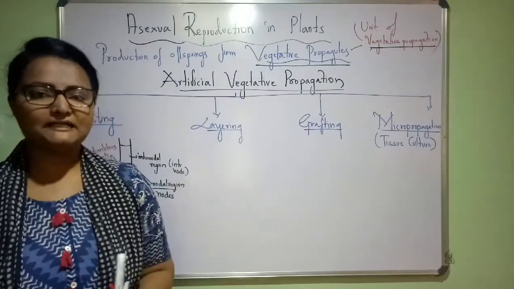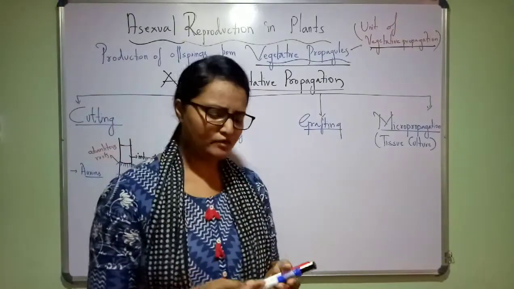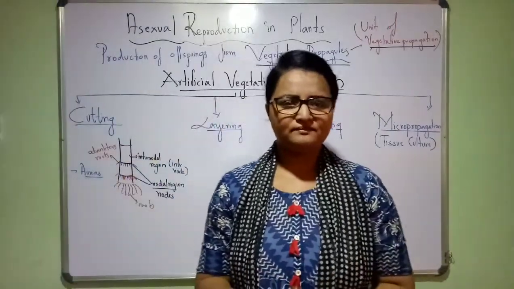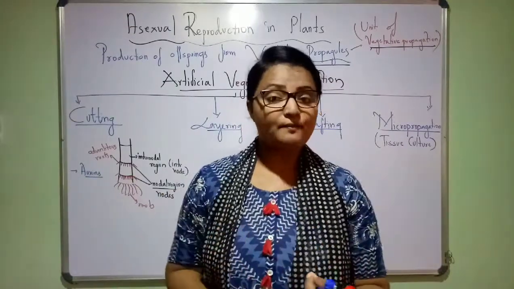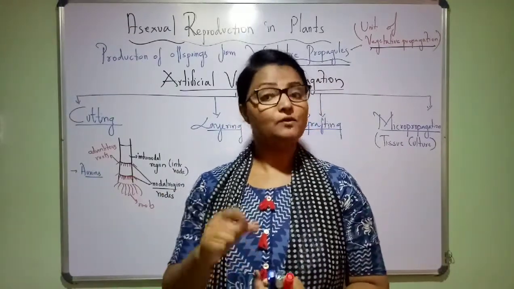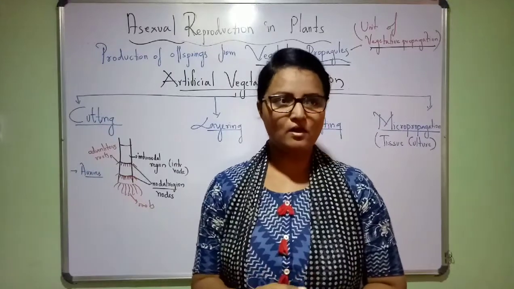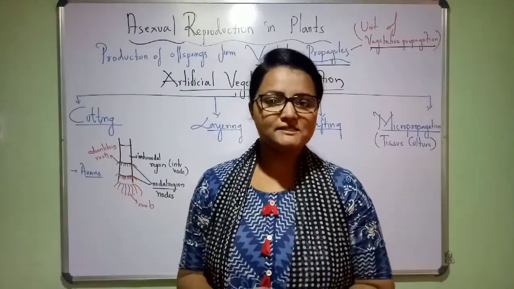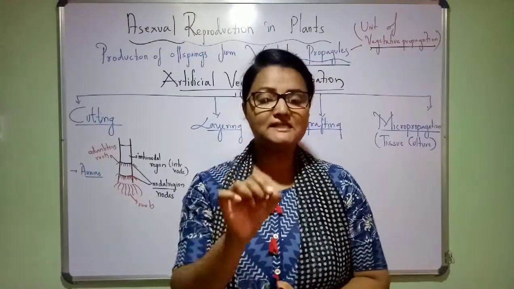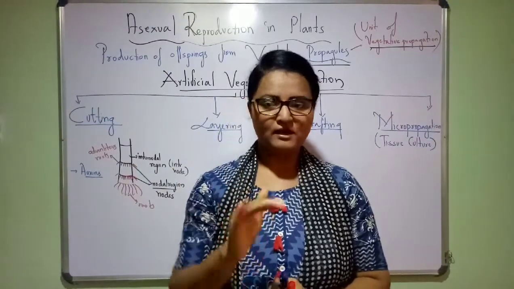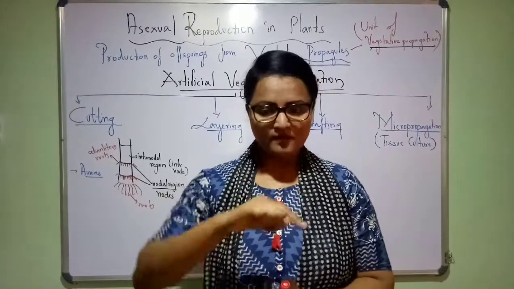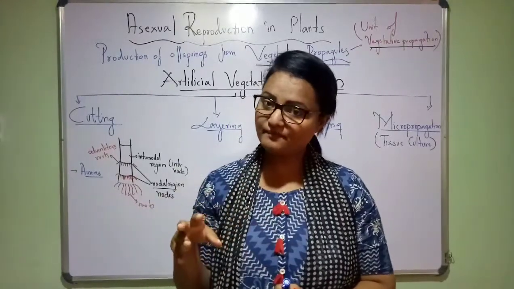This is cutting. We also do cutting at home, like with hibiscus. We cut the stem, especially at the nodal region. That is very important, because the roots will arise from the nodes, from the pericycle. Do you remember the section of root or stem which contains the pericycle region?